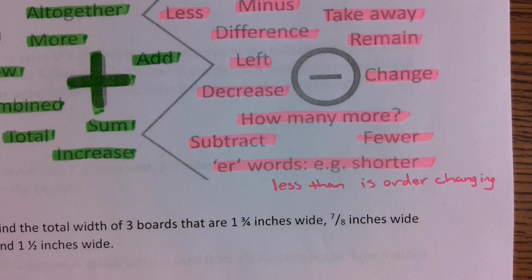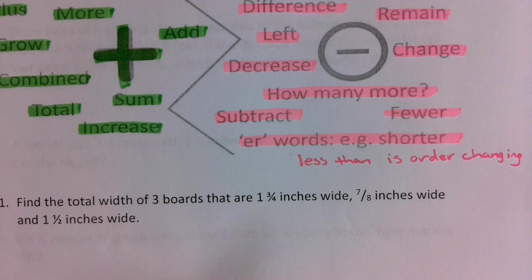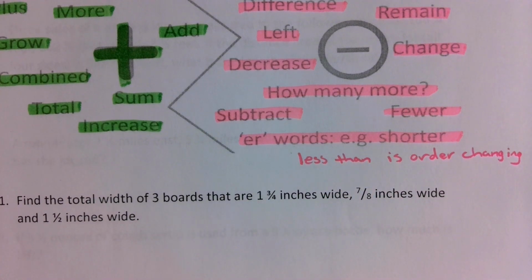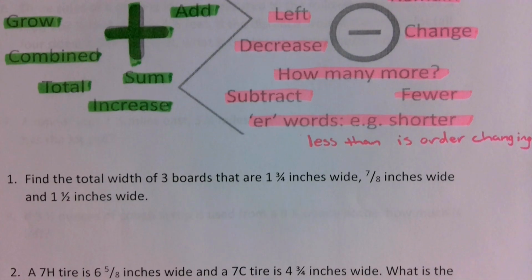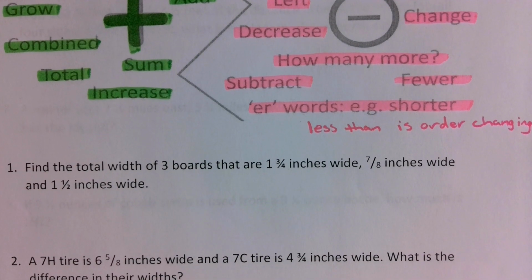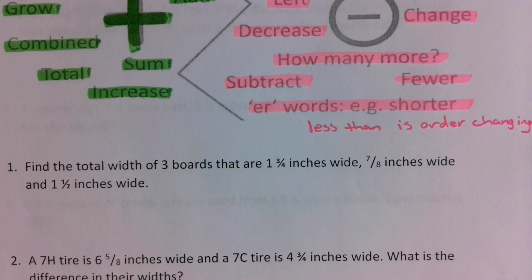That would give you negatives. You would take my age and subtract 26, and that would give you your age, okay? So you have to be mindful that less than is an order-changing term. We'll get more into that later when we get into our expressions and equations unit. Okay, so the important thing that we're wanting to do right now is we just want to identify what operations we're going to do.